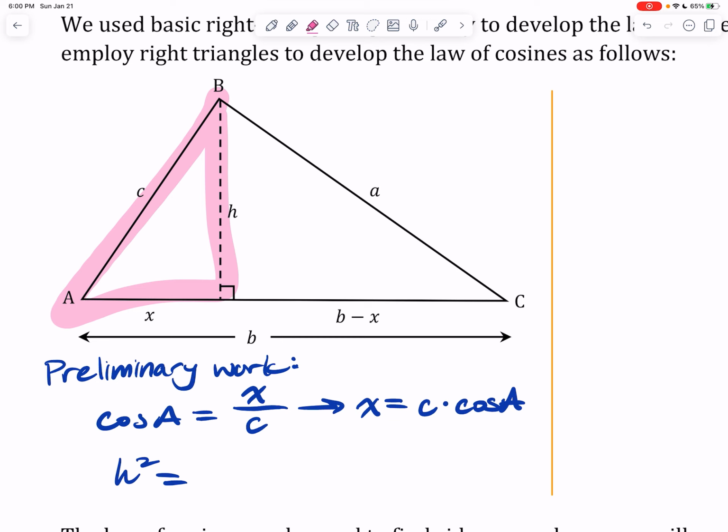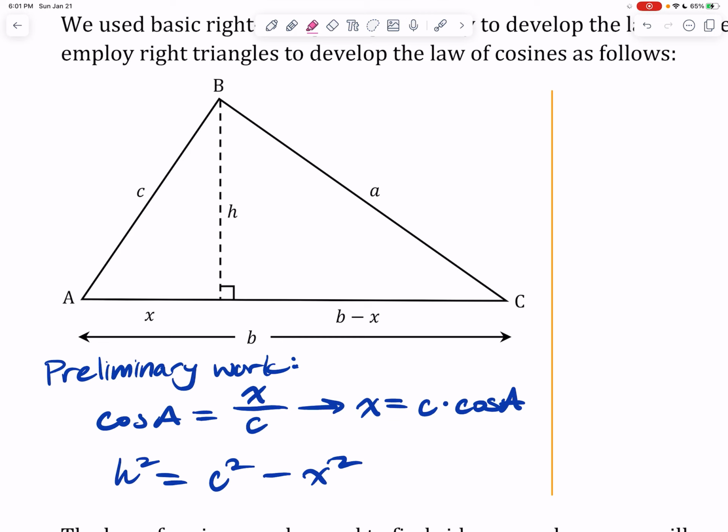So x squared plus h squared equals c squared. If we rearrange that a little bit, we can say h squared is c squared minus x squared. And that's the preliminary work, which, again, is part of the whole proof. So still needs to be shown, can't be taken as a given. Does need to be written when you are writing the proof out.